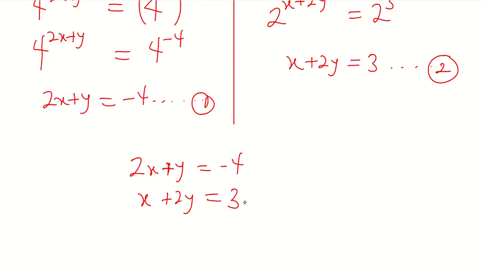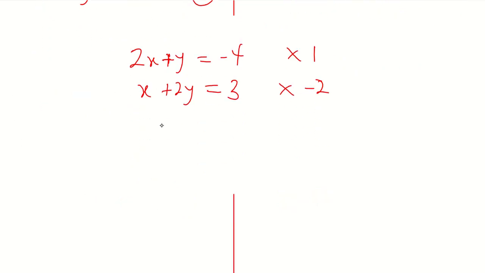Now, by the method of elimination, we want to eliminate one of the variables so that we can get the value of the other. In this instance, we can multiply equation 1 by 1, and multiply equation 2 by negative 2, so that we can eliminate x. So if that happens, then our new equations become 2x plus y, which is equal to minus 4.